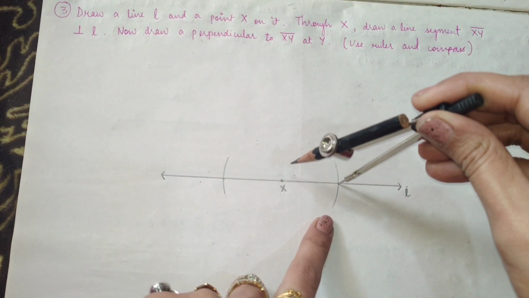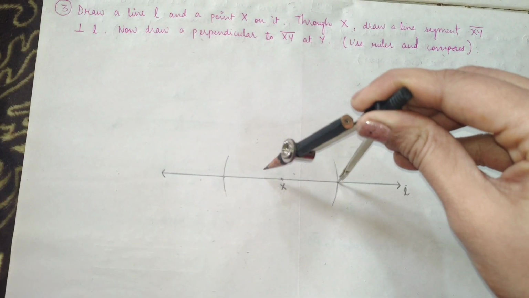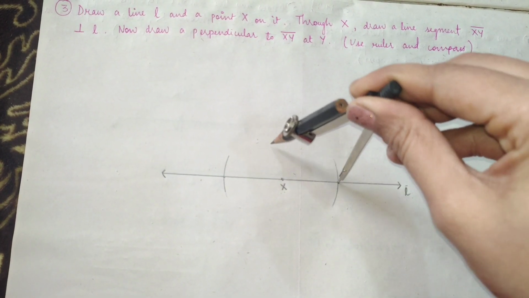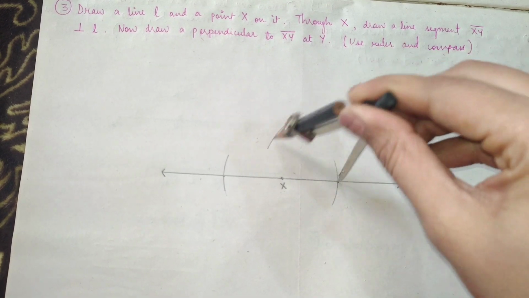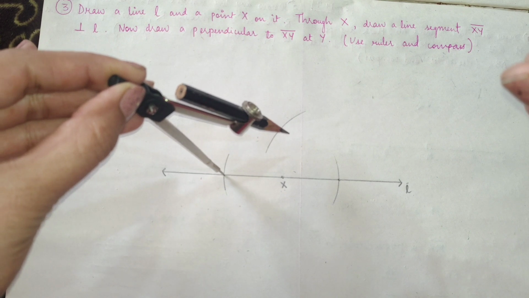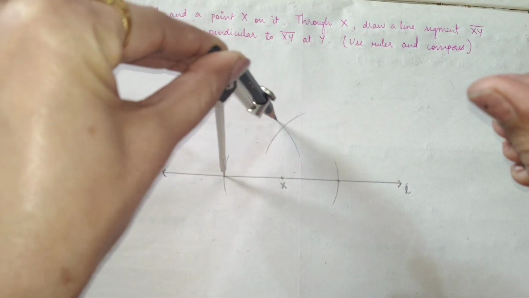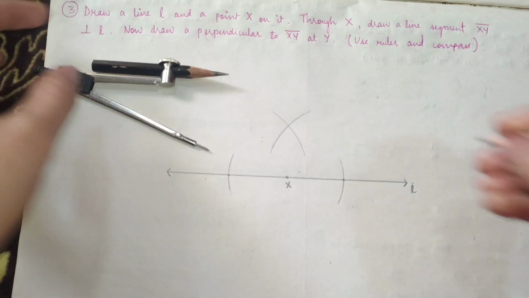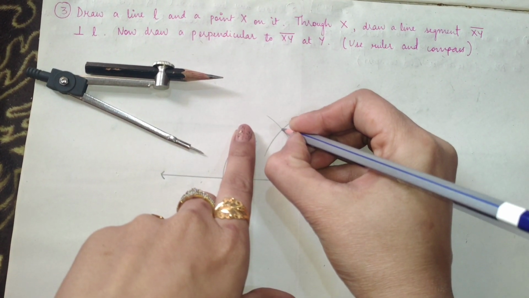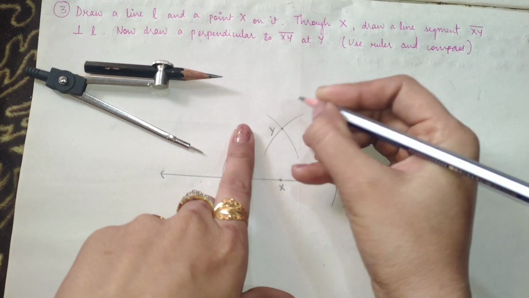Okay, now you'll keep your pointer here and increase the radius of your compass, and then you'll draw one arc here, and now without disturbing it, keeping your pointer here, draw another arc like this, and then this point here, the intersection between the two arcs, will be your Y.